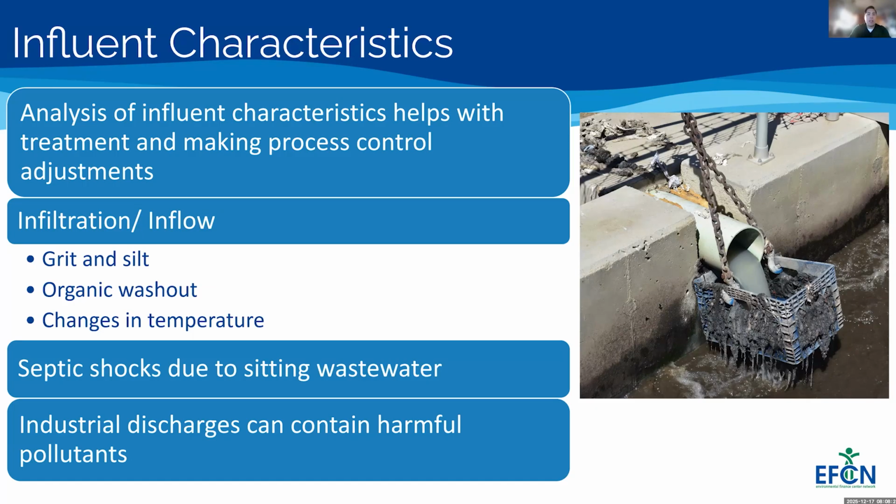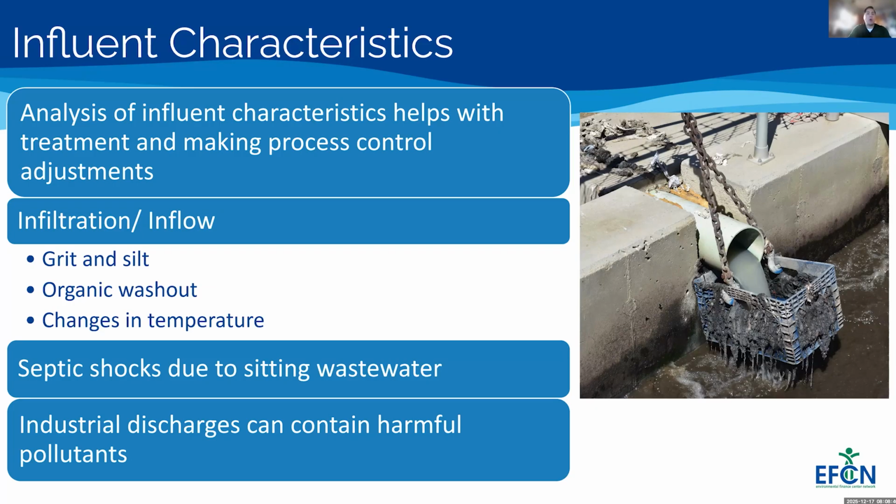Things like changes in influent flow, especially higher flow in the collection system, can result in the washout of organic buildup in the collection system that can increase the treatment requirements of the activated sludge process. Then I&I can also cause temperature changes in the influent.